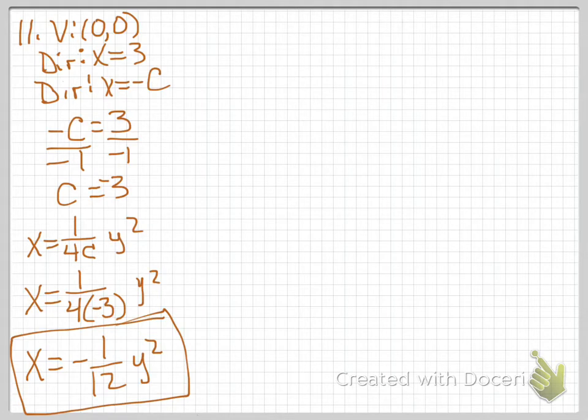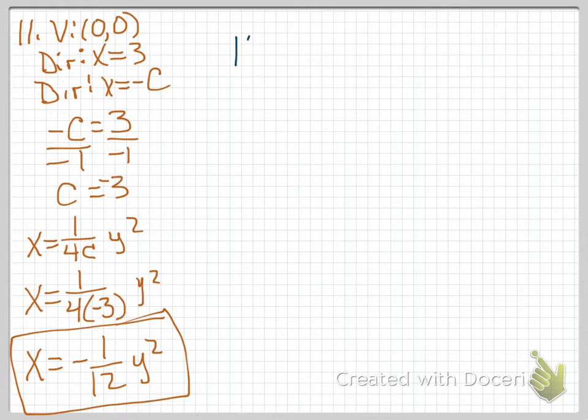Alrighty. This is the one that I'm going to do for the advanced, but it's good for y'all to see it as well for the regular classes. Because now instead of an x equals for a horizontal, I have y equals -3 for my directrix, which gives me a vertical graph.